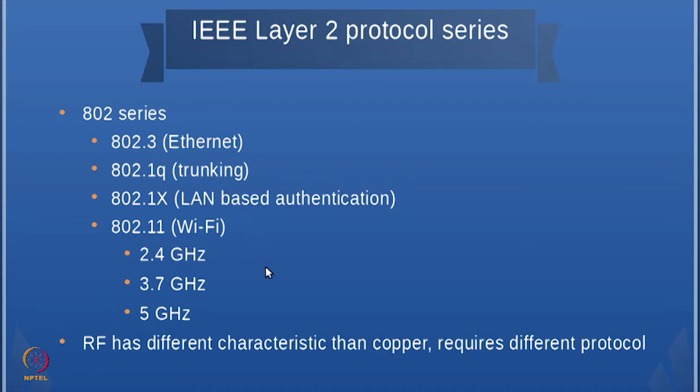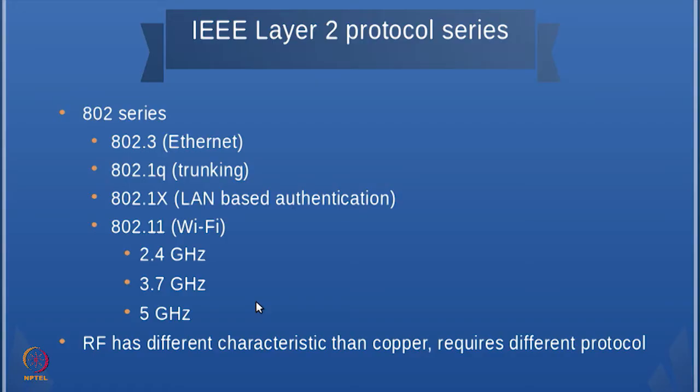If you look at this, RF has different characteristics than copper, therefore the protocols that are used are different. For example, even with TCP, in wireless there could be a much higher amount of drops because of weak signal, whereas in Ethernet you generally do not come across those kinds of problems, unless you configure it incorrectly.